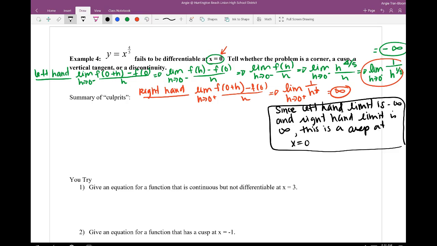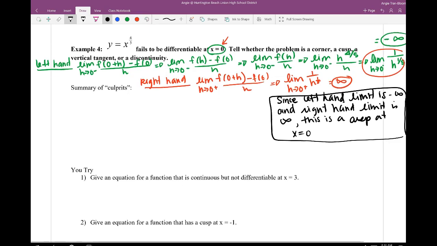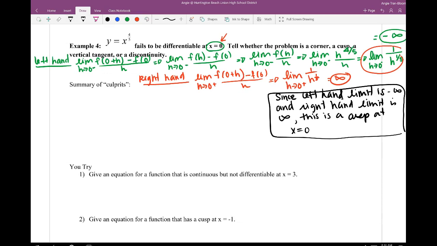All right, let's do a little bit of a summary of all the 4 things that make it not differentiable. Okay, so the first one is going to be a corner. If you have a corner, the limits exist, but they are just not equal to one another. So the limits exist from each side but are not equal.